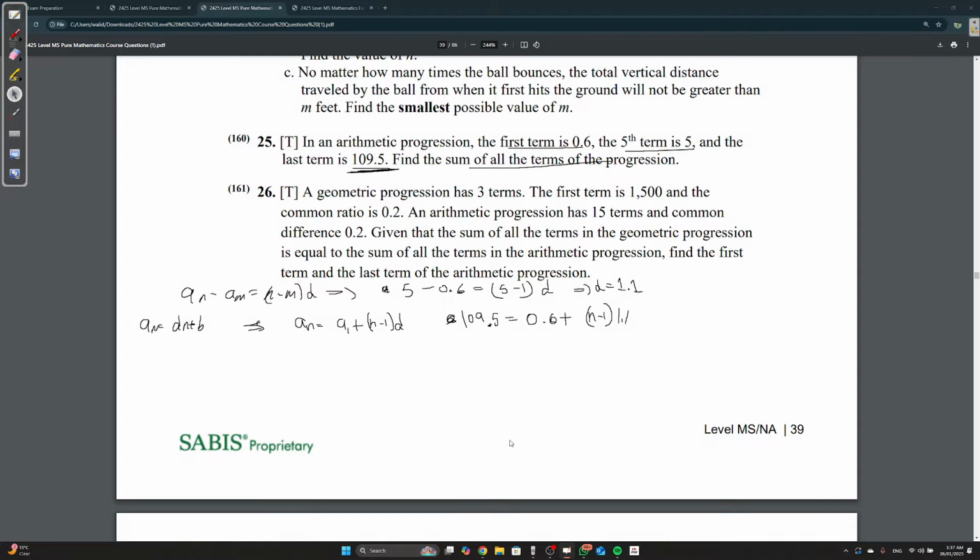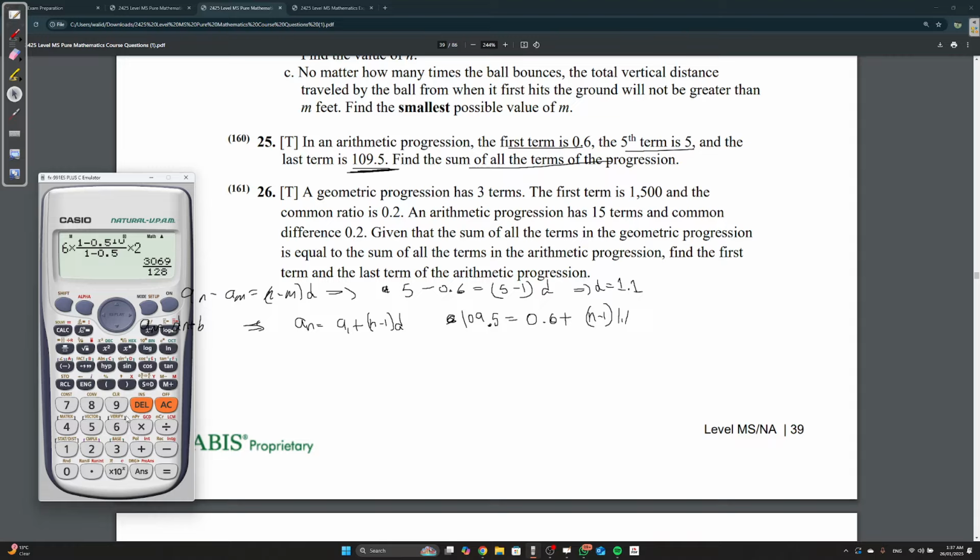Let's solve this. 109.5 minus 0.6, divided by 1.1, plus 1. You solve, you're going to get n is equal to 100.